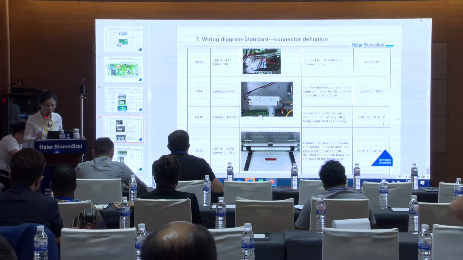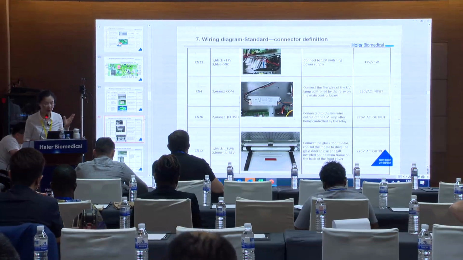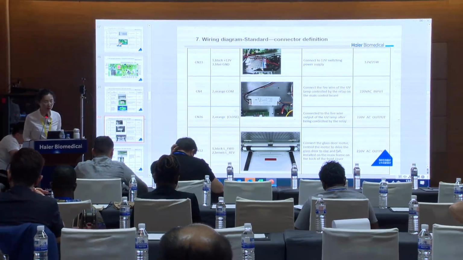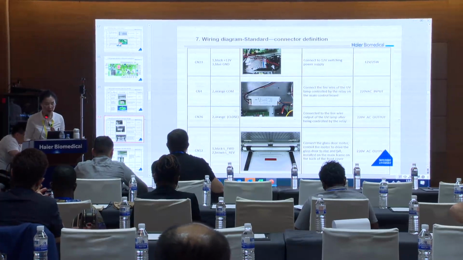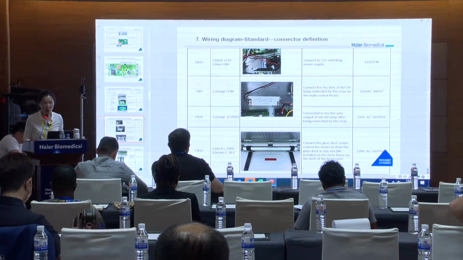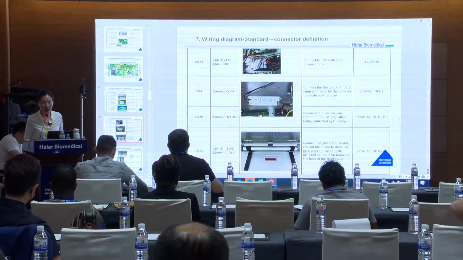Just to give you an example, CN23 on the main control board is connected by wire: the black wire is 12 volts, and the blue wire is ground. And the component connected is a 12 volt switching power supply, and the electrical parameters are 12 volts and 25 volts.